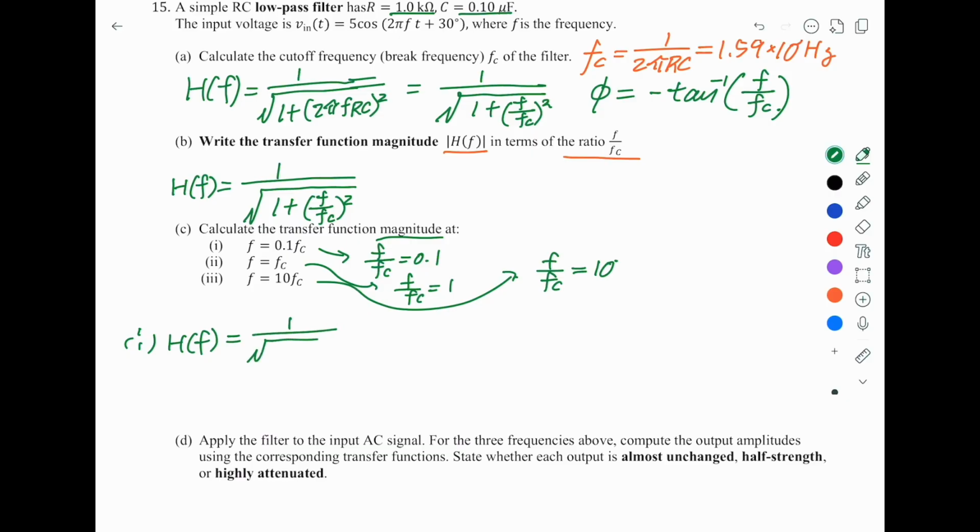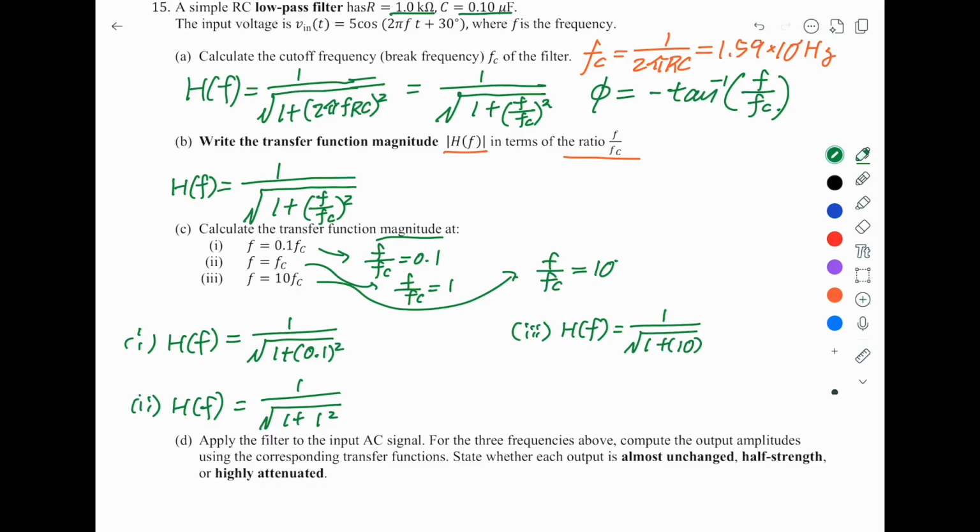The amplitude of the transfer function is 1 over root of 1 plus 0.1 squared, the second is very simple, 1 over root of 1 plus 1 squared, and the third one is 1 over root of 1 plus 10 squared. Plug these into your calculator and you will find roughly 0.995, the second one is 1 over root 2, roughly 0.707, and the third one is roughly 0.0995.